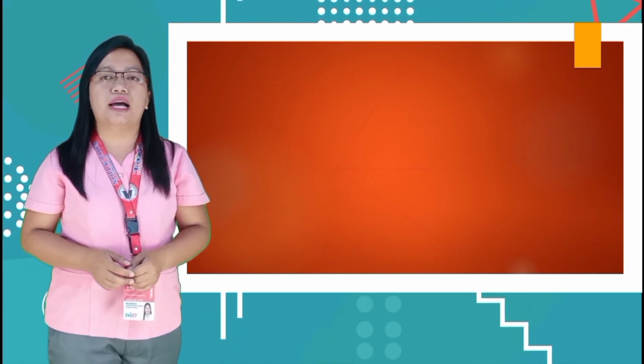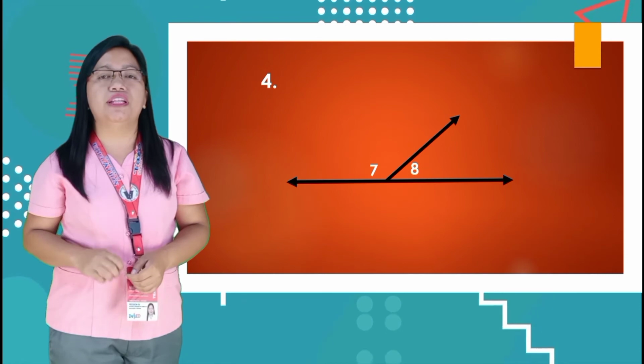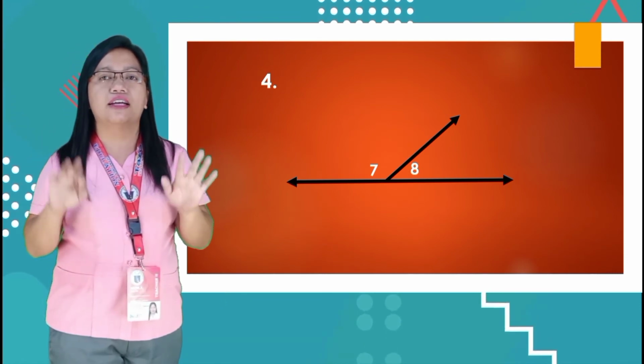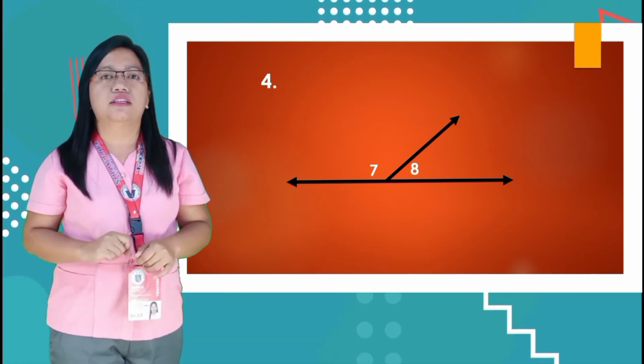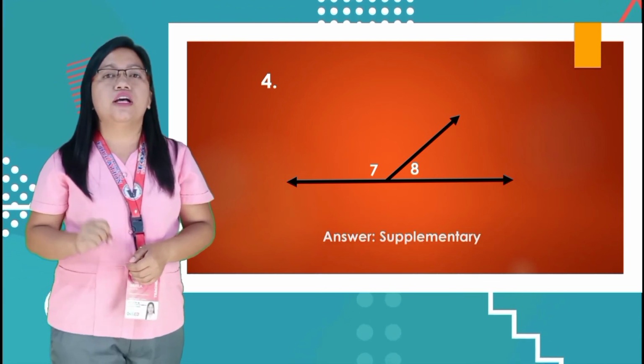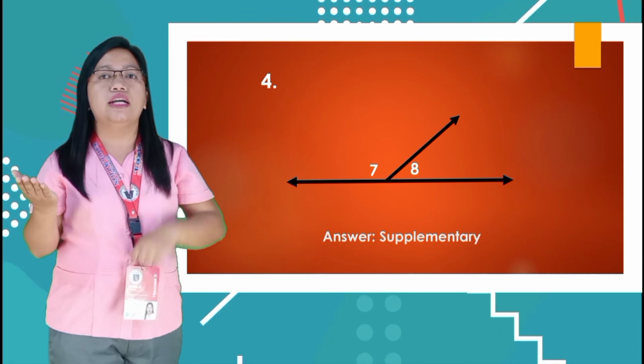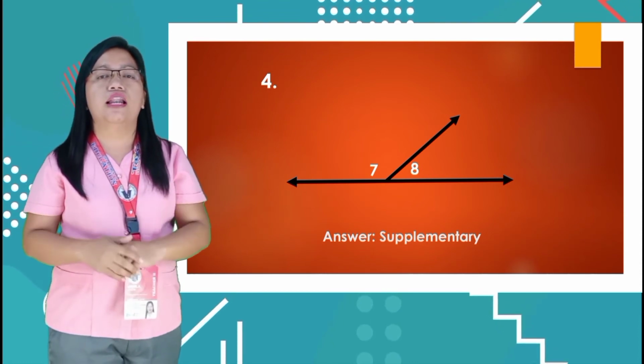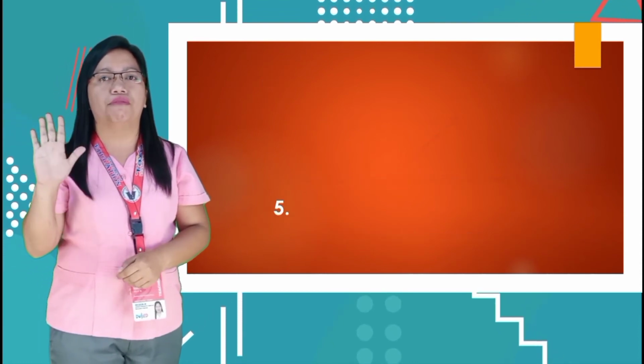Let's now proceed to number 4. Given the angle 7 and angle 8. The answer is the answer is supplementary or linear pair. Last one, number 5.